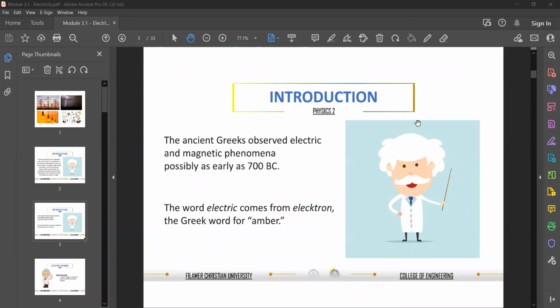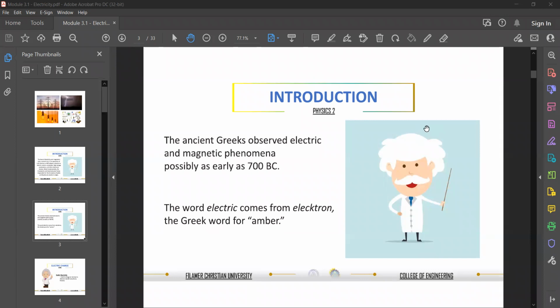So during the ancient Greeks, electric and magnetic phenomena were observed, possibly as early as 700 BC, that is 700 before Christ. And the word electric comes from electron, the Greek word for amber.